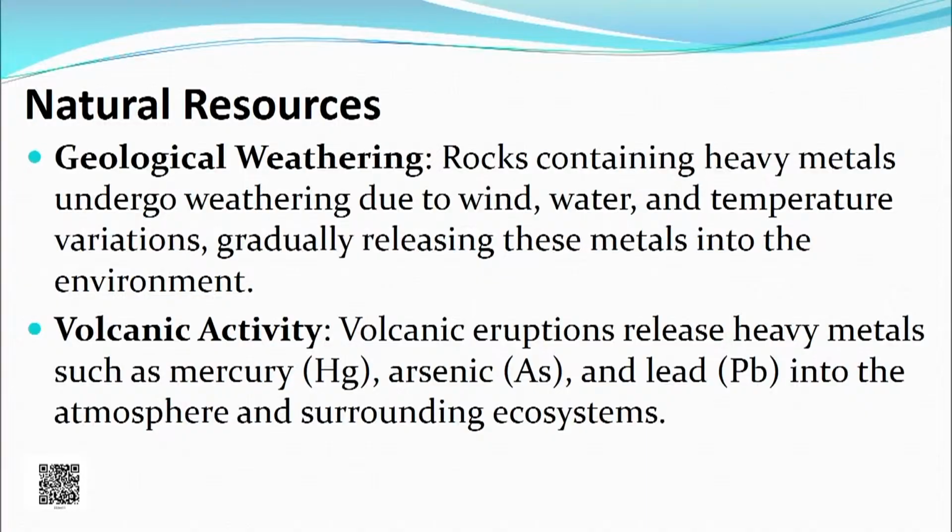So sources of heavy metals may be natural or anthropogenic. We can talk about natural sources of heavy metals: geological weathering, volcanic eruption, forest fire, seawater and marine sediments, and geothermal activities too.